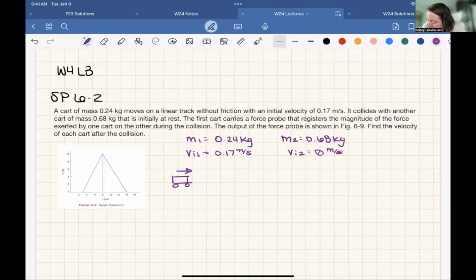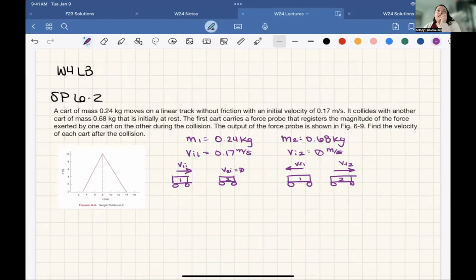So initial situation, we have V1 initial, this is cart 1. And cart 2, just sitting here, V2 initial equals 0. And then after the collision, they are going to be moving in opposite directions. The final 1. This is 1 still, and then this is 2. And V final 2.